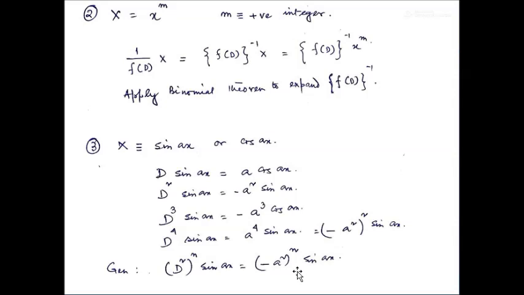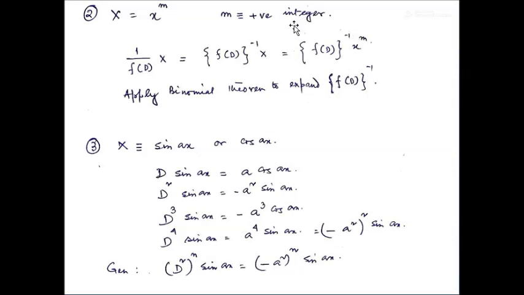Now if X equals x to the power m, where m is any positive integer, then 1 by f(D) into x, that will be f(D) inverse into x to the power m.